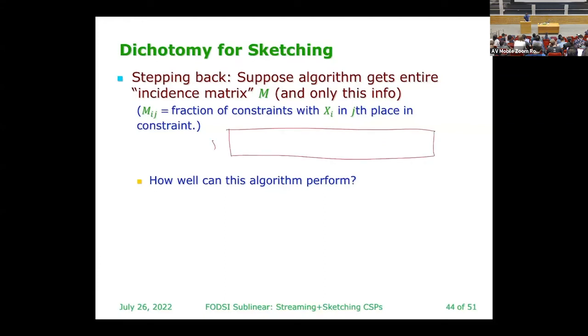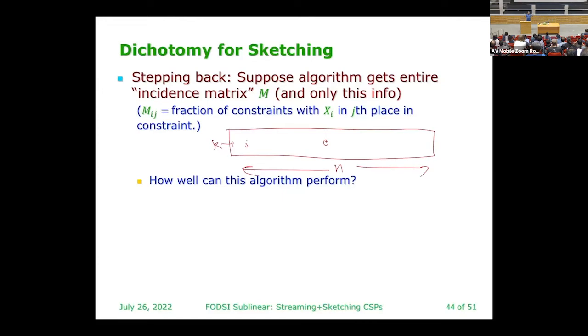So suppose I give this algorithm this entire matrix of n by k. What does this matrix contain? In the ith column, in the jth location, I tell you how often this variable appeared as the jth variable in the constraint.